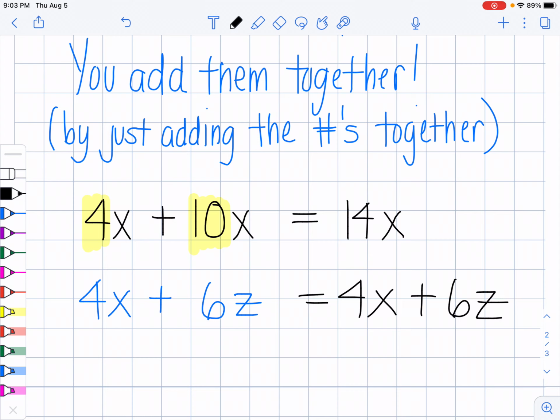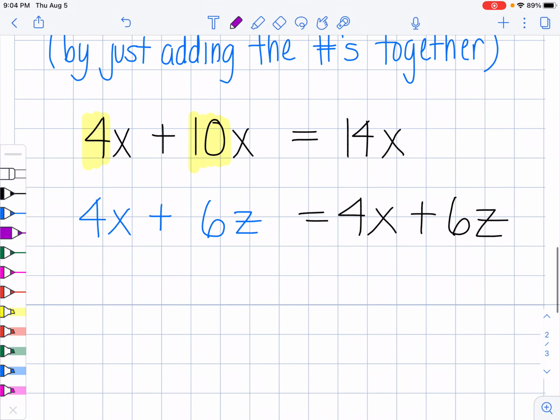So when you're thinking about like terms, you can also think about it as groups of things that you're adding together that are the same, because I think that can help you. And you can pick anything. I try to pick something that starts with the same letter. So if I happened to be working with W's, let's just say I had 11 W's, actually let's do a subtraction, minus 3 W's.